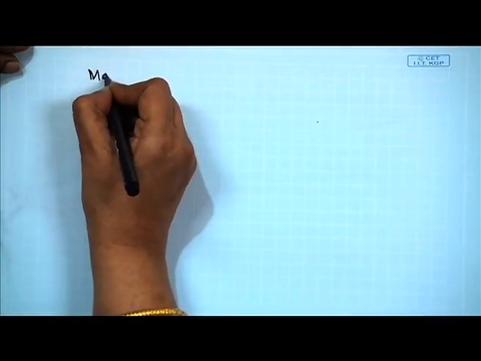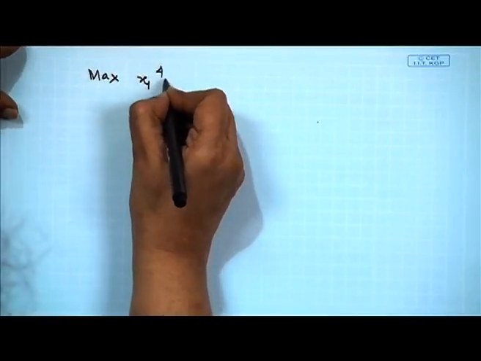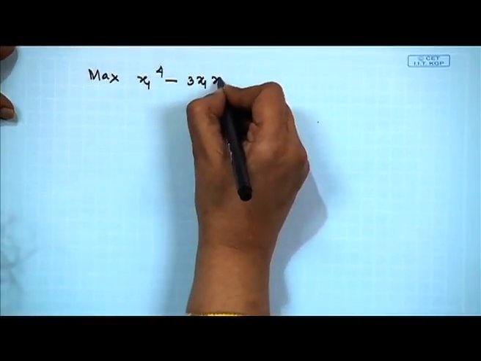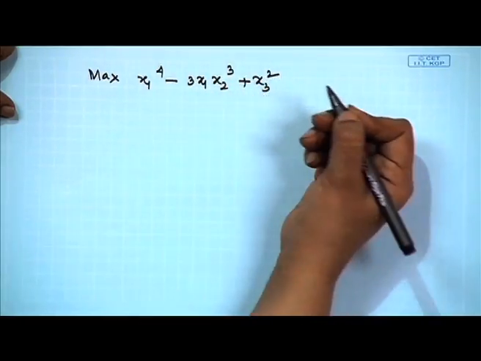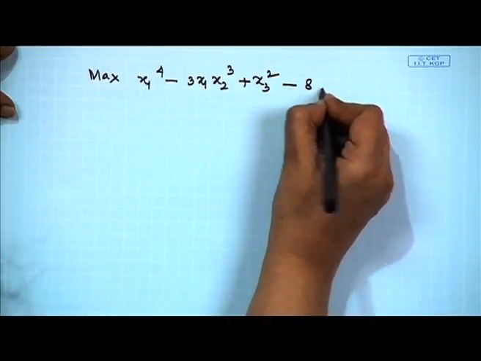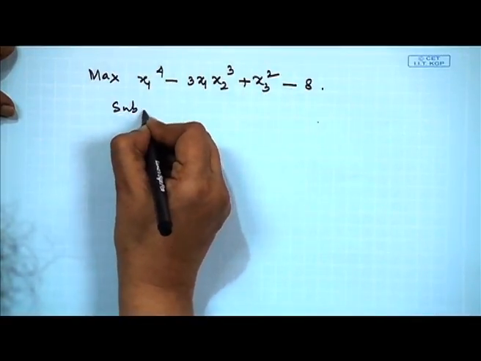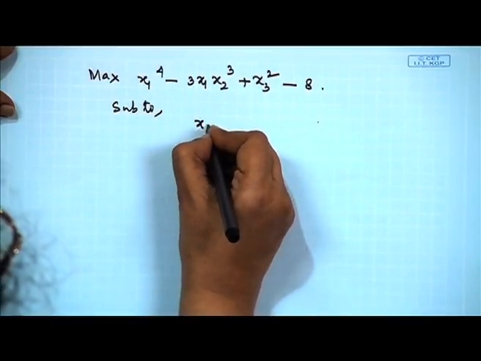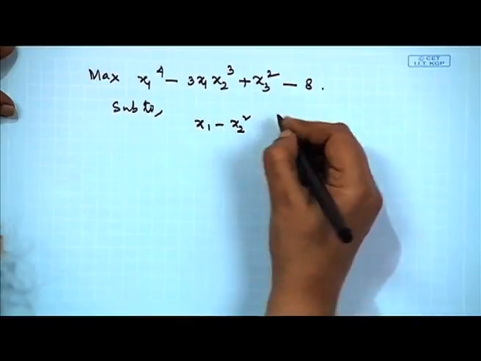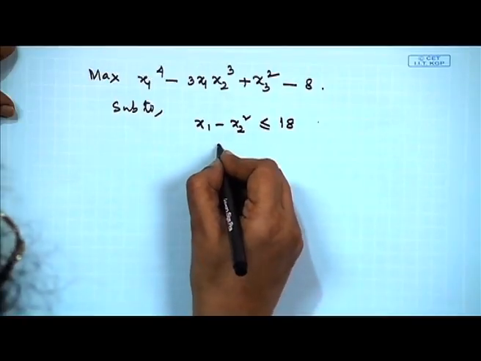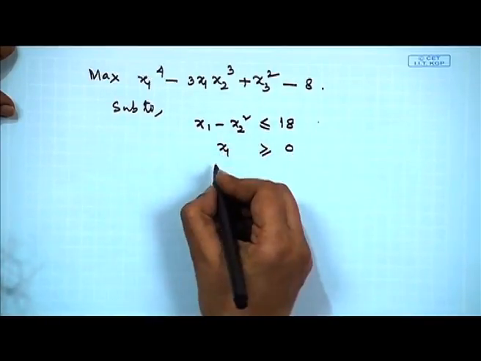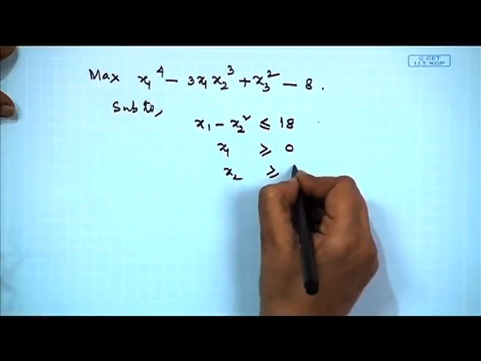Now, what I suggest is that you consider another problem to solve, that is maximization of x1 to the power 4 minus 3x1 x2 cube plus x3 cube. There are 3 variables together and the constraints are, subject to x1 minus x2 square less than or equal to 18, x1 greater than or equal to 0, x2 greater than or equal to 0.